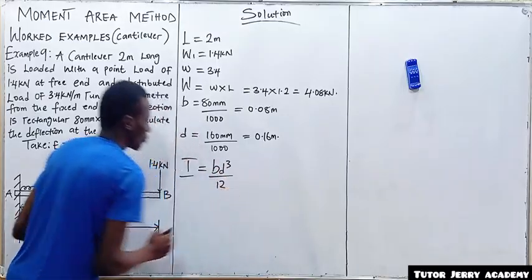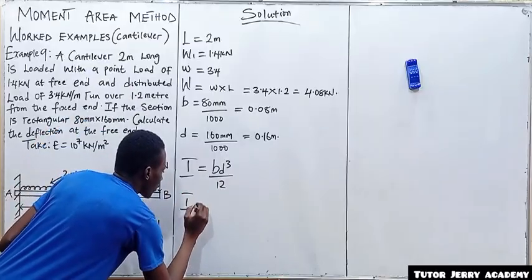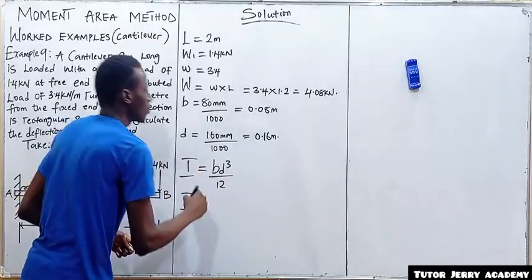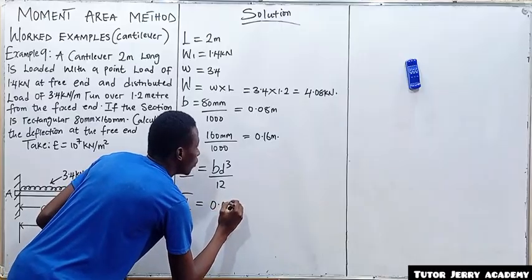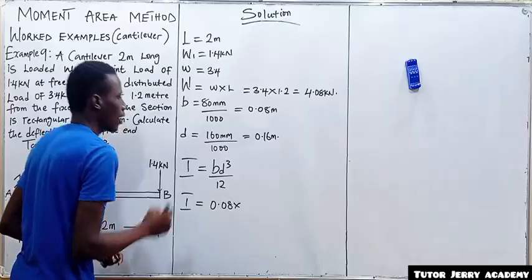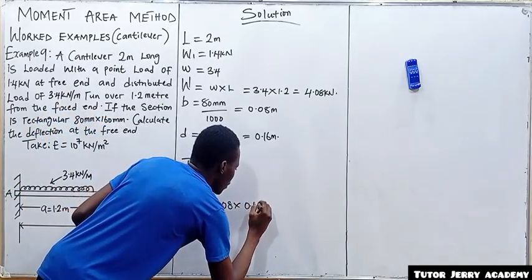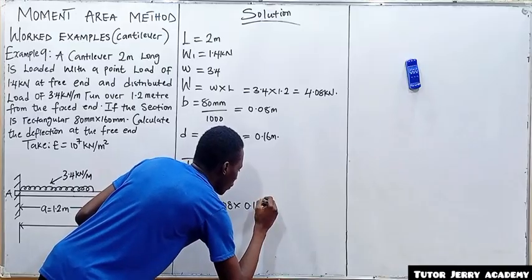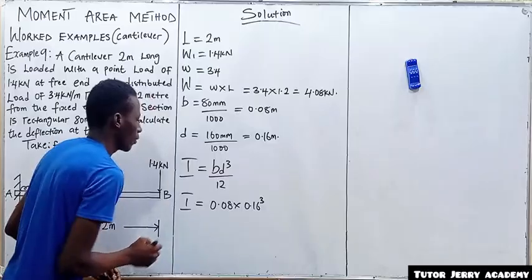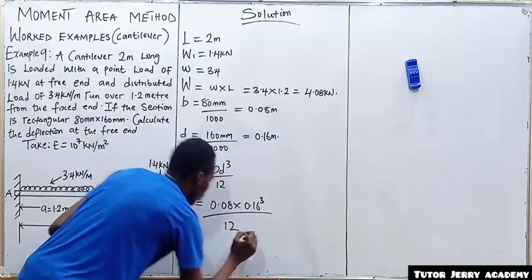Now we say I, the moment of inertia, is equal to BD cube all over 12. This implies that I will be equal to our B, 0.08, multiplied by our D, 0.16 meter, to the power of 3, everything all over 12.